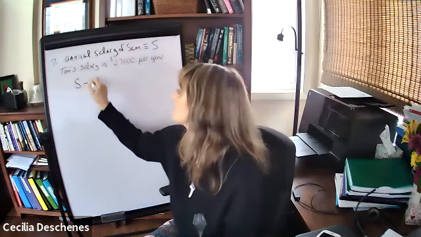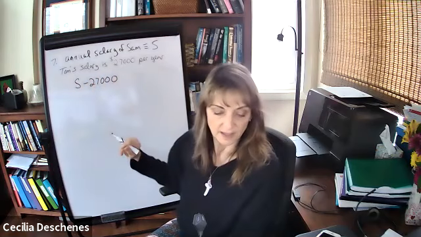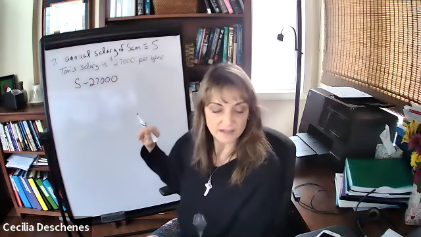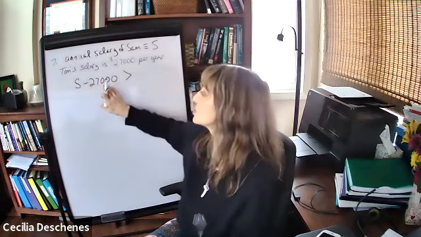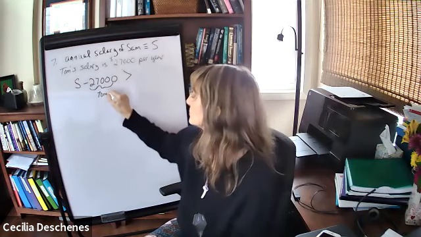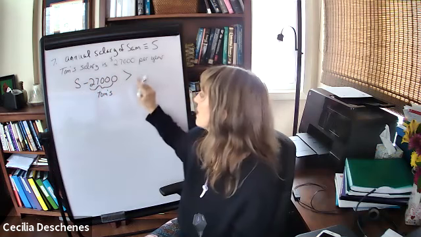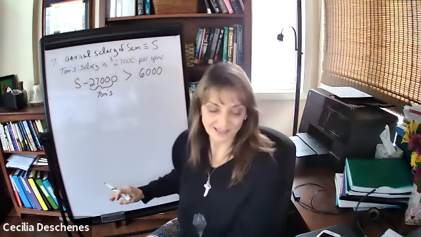So Sam's minus $27,000 is, they differ by more than 6,000. So you take what Sam makes and you subtract what Tom makes. So this is Tom's salary. That's greater than 6,000. Okay?